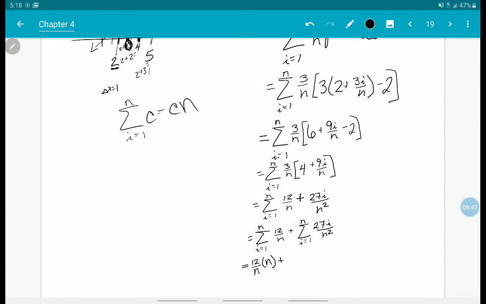And then if we look at this one, that 27 over n squared is not affected by this. That's just a constant value being multiplied by each number. So we could rewrite that this way.